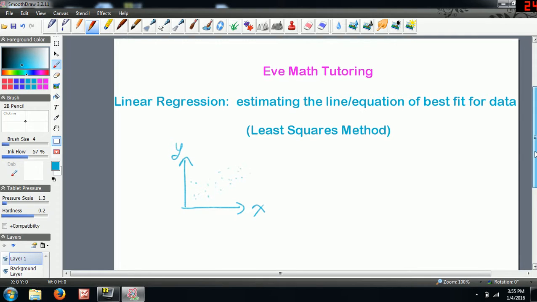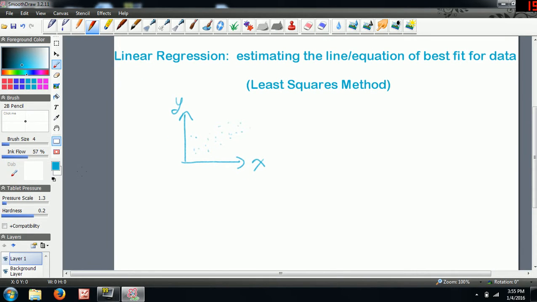So the equation of the line of best fit in the least squares method is given by y is equal to ax plus b.